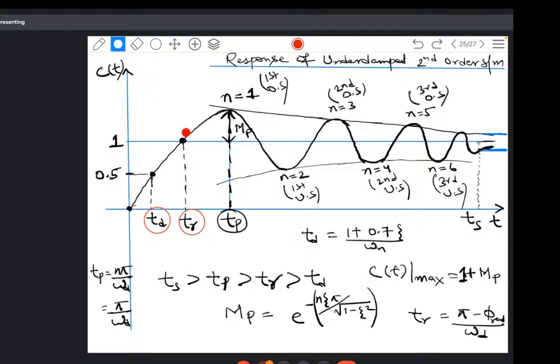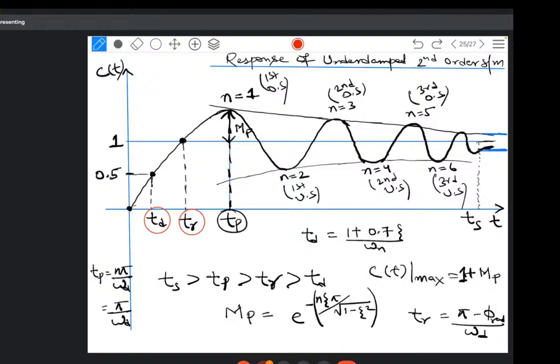As you can see, this is my first overshoot, first undershoot, second overshoot, second undershoot, third overshoot, third undershoot, like this. Finally my system is going to get settled, but I don't know when. So I have drawn a tolerance band.